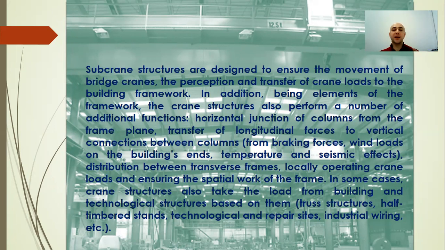Crane beams are made of various types of concrete marks and steel marks. The beams are provided with embedded elements for fastening to the columns, so steel sheets, and for attaching the crane rails, tubes of diameter about 20 to 25 millimeters installed every 750 millimeters along the length of the beam.